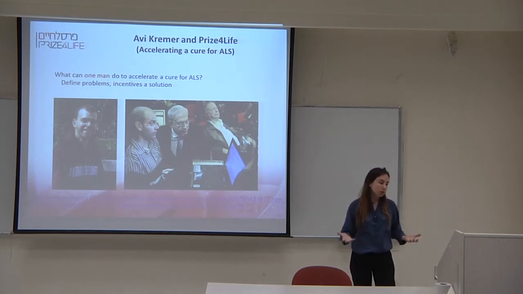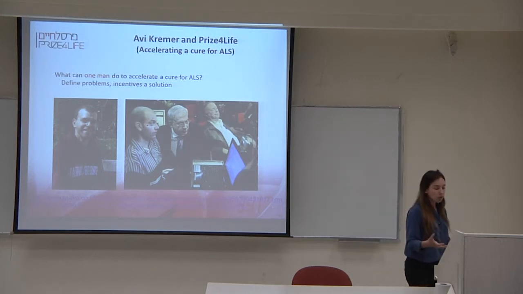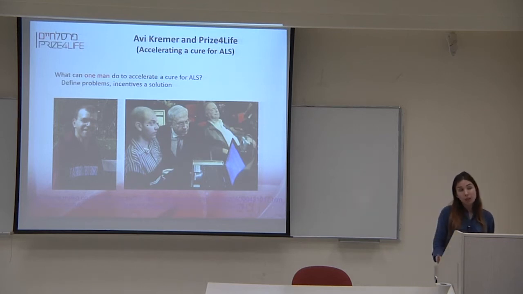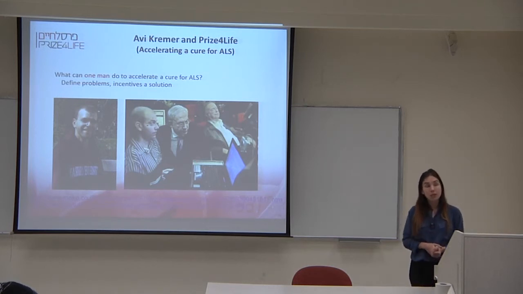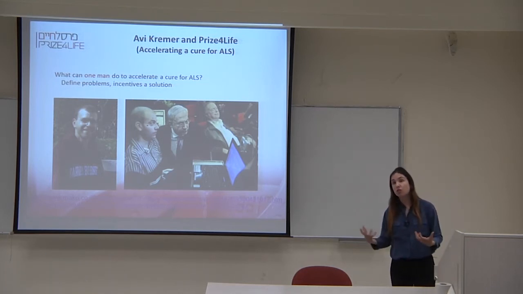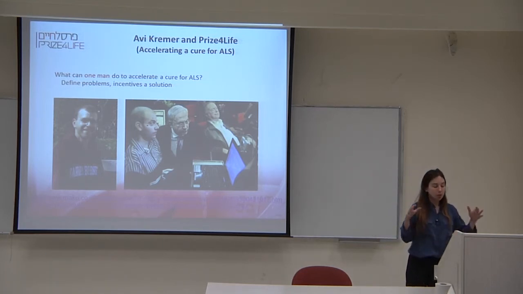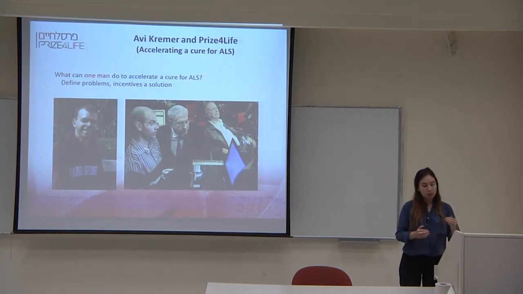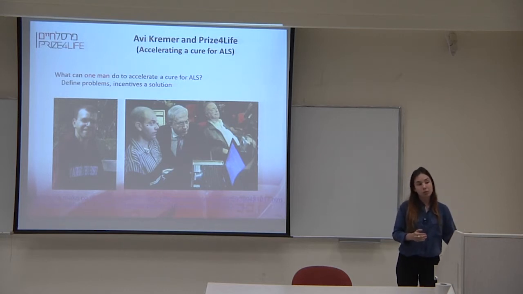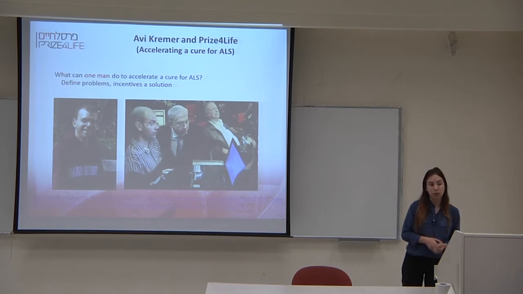The prize model is a model in which you define a challenge and you invite people to submit solutions for this challenge, and the best solution wins a prize. The idea behind it is to do very strategic thinking to define what are the barriers for developing a treatment for ALS, and around each one of these barriers to develop a prize program for someone who would be able to remove this barrier.